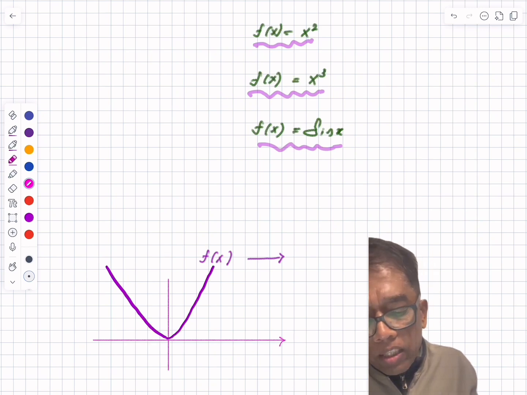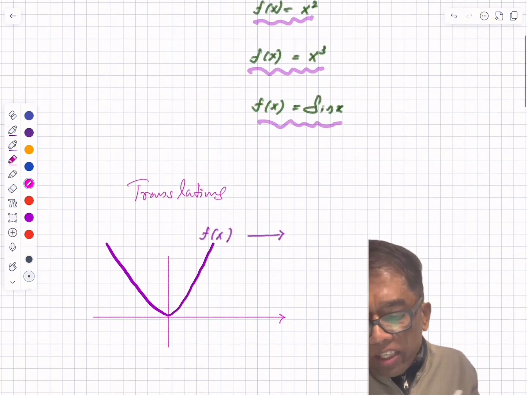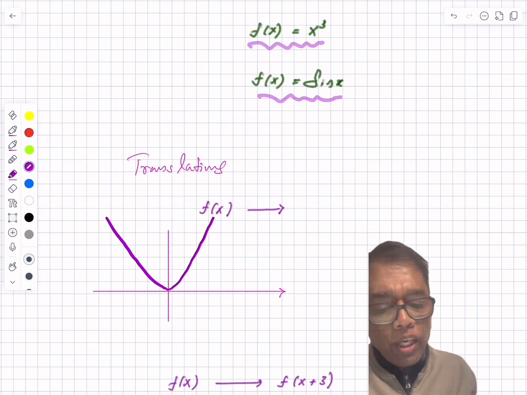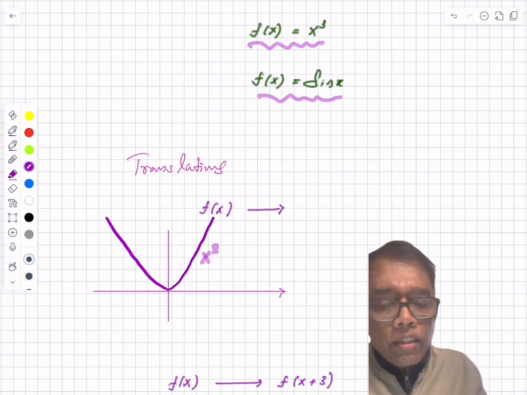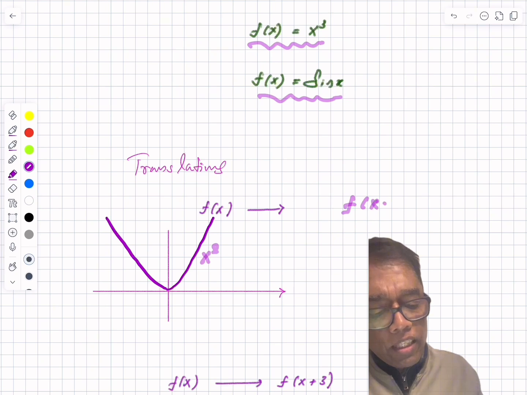Okay, now we will start with translations. First one is translations. Let's consider f(x) = x², which goes to f(x − 3) = (x − 3)².